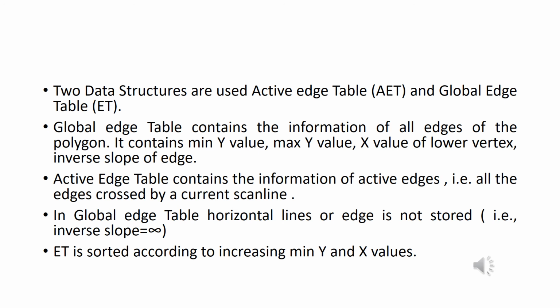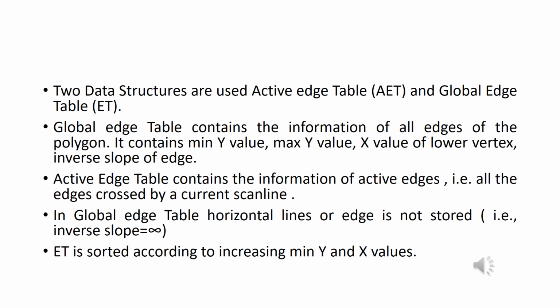Another data structure we use is the active edge table. First we have to know the concept of active edges: for a particular current scan line, which edges have been intersected by that current scan line. The active edge table contains only the information of active edges.